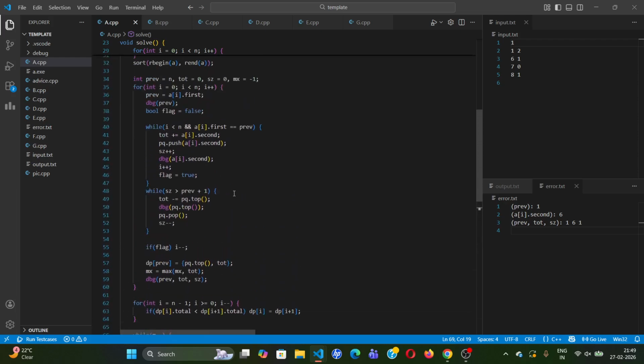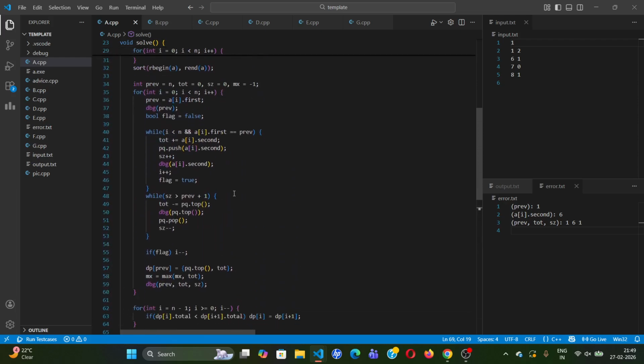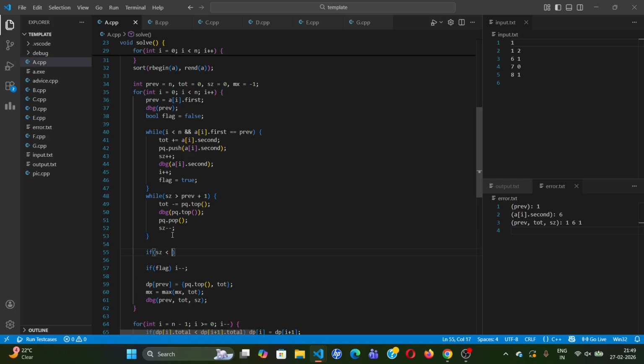Okay, then we should always make if sz then pq dot push. Okay.